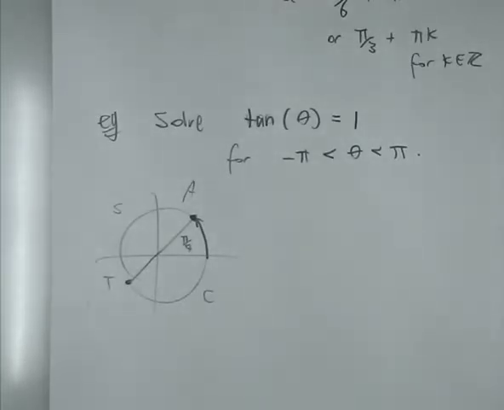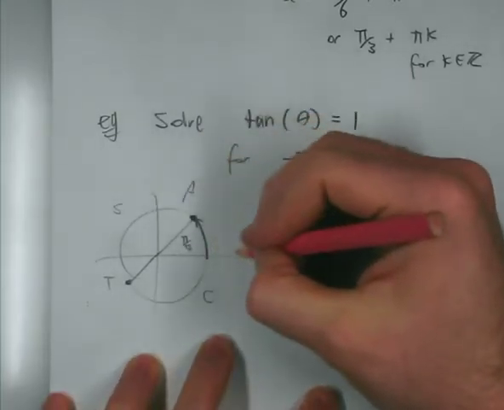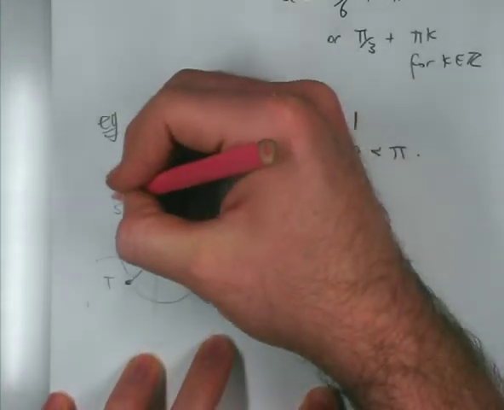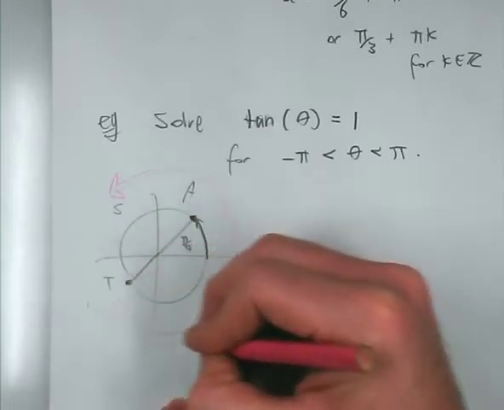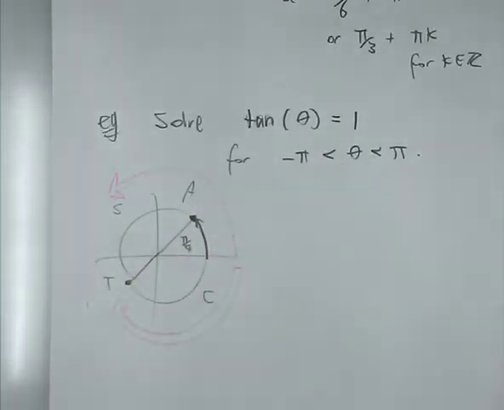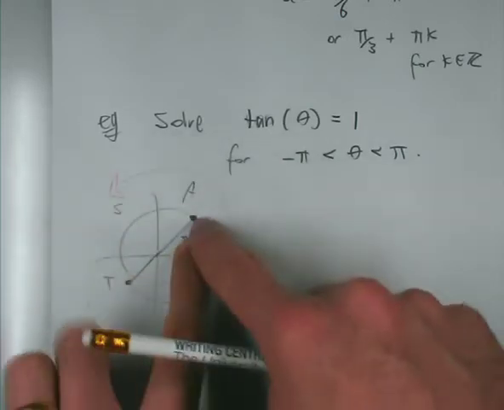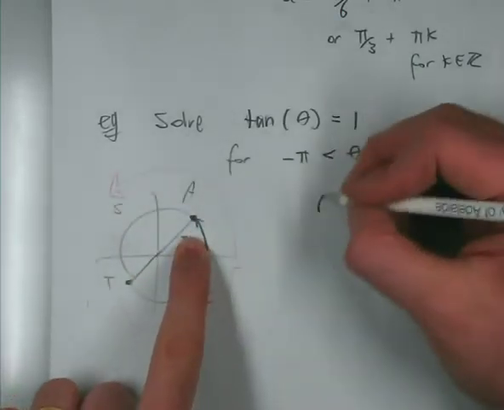And now I need to interpret these as angles between minus pi and plus pi. So the only way to deal with a range that involves both negatives and positives is to split it into the negative bit and the positive bit. So the positive bit goes that way, and the negative bit goes that way, because negative angles are measured clockwise. So the point in this top half is pi on 4, so that's fine.